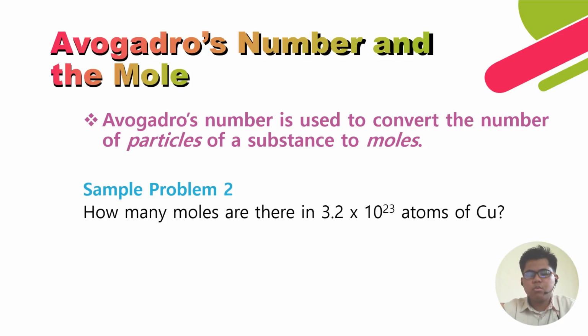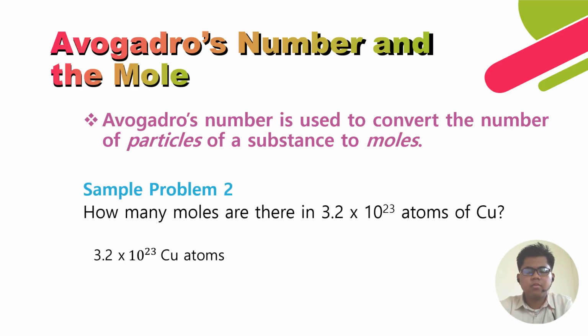So, ano po ang ating gagawin to solve this problem? The first step is to identify the given. So, what is the given? The given is, yes, very good, 3.2 times 10 to the 23 copper atoms. Now, what conversion factor are we going to use in order to get the number of moles for copper?